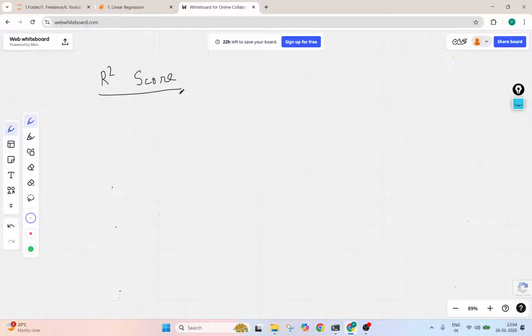So for example, let's say I have got an R2 score of 0.72. It means that the model can explain 72% variability in the dependent variable.